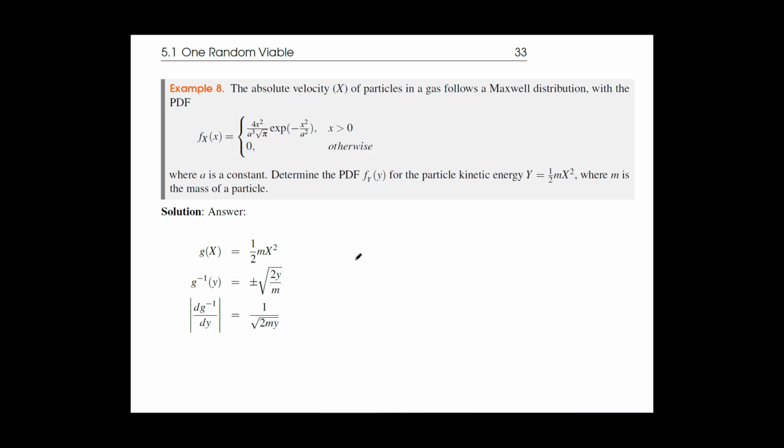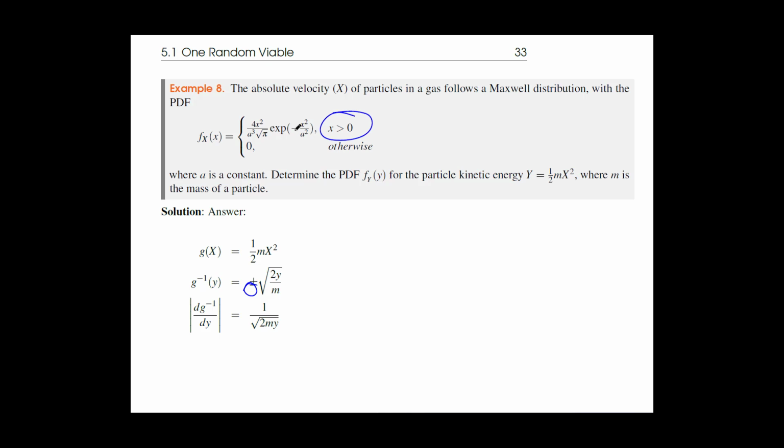This is also the same concept, nothing new. This one, let's do this one because there are two roots. But this is only defined for the positive x's, right? So this is an example where you have two roots for your equation, but one of the roots, the negative one, is not in the sample space because it's only for x greater than 0.